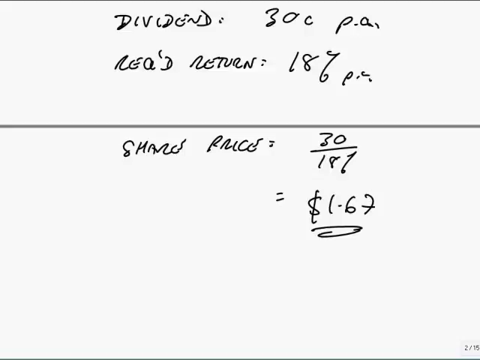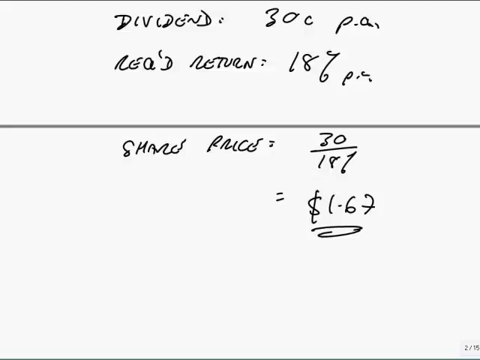Well, it's like saying you pay out 1.67 now, and you expect to receive 30 cents in 1 year, 30 cents in 2 years, and so on. You would agree? That is the share price, assuming that by buying the share today, the first dividend you're going to get is in 1 year's time. All right?